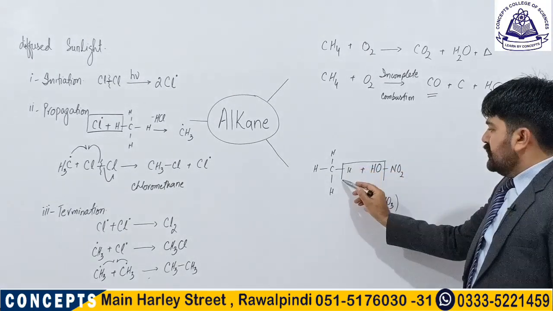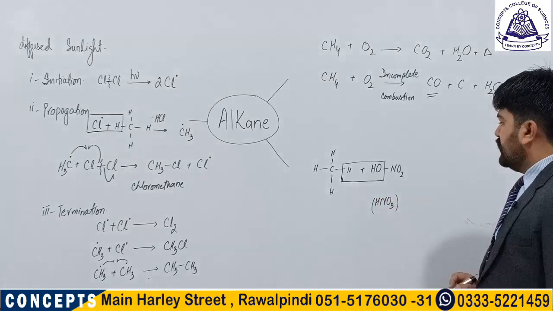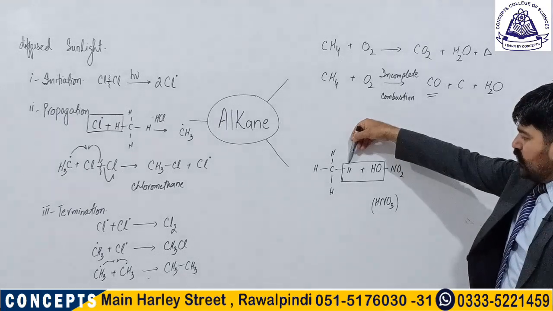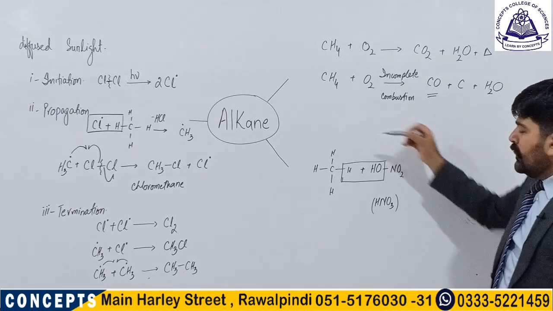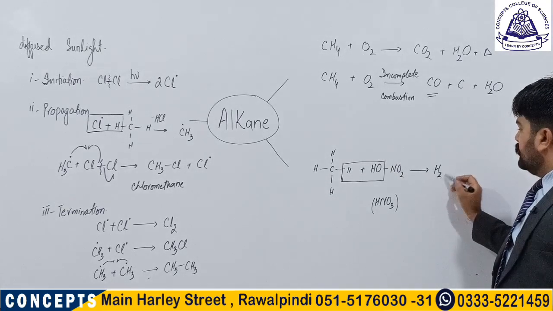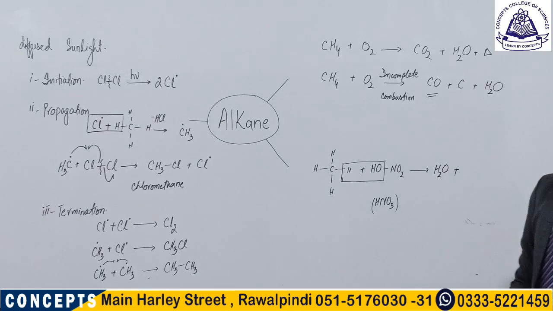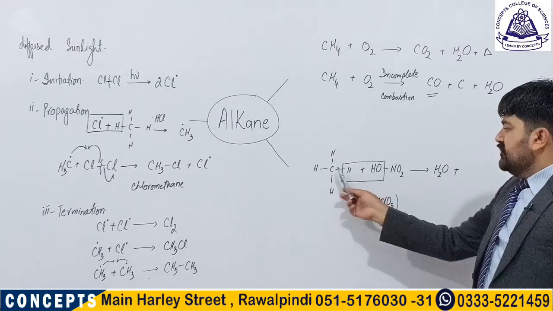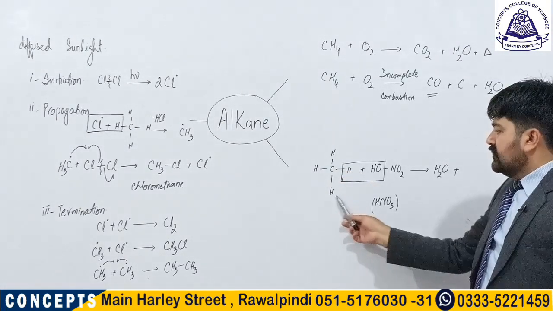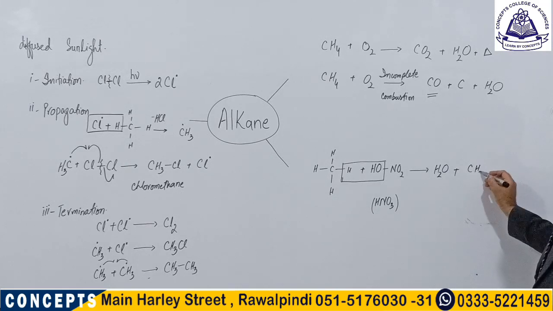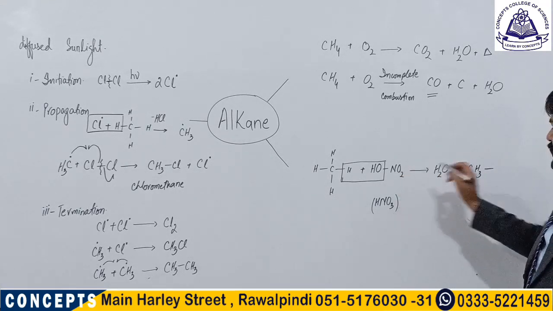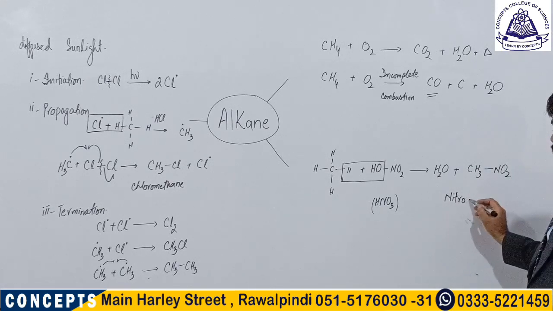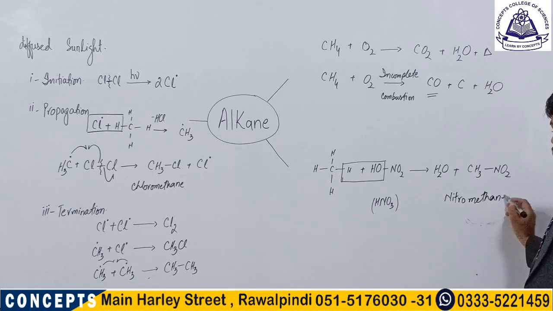For your understanding, I simply tell you that the OH in the nitric acid combines with the proton or hydrogen of the alkane, and they both form a water molecule. The remaining radicals combine with each other. Here in this case we have the CH3 group, and on the other hand we have NO2. So finally we get nitromethane.